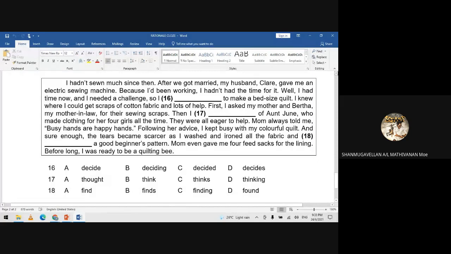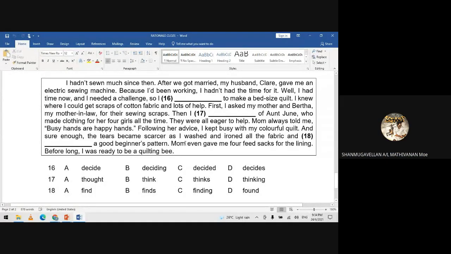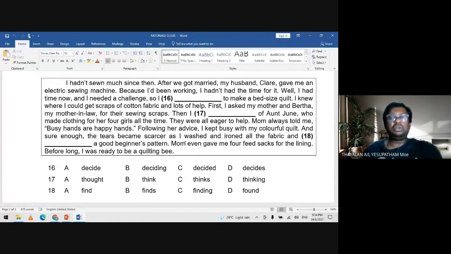Following her advice, I kept busy with my colorful quilt, and sure enough, the tears became scarcer as I washed and ironed all the fabric and picked a good beginner's pattern. Mom even gave me 4 feet sacks for the lining. Before long, I was ready to be a quilting bee." Quilting bee. All right.